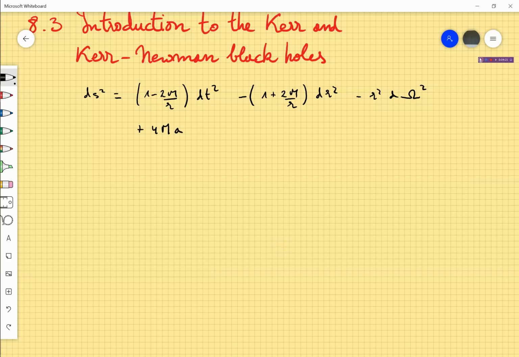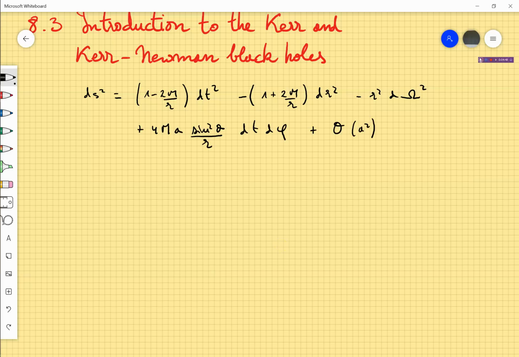Now I will explain what this parameter a is. Sine squared theta divided by r dt d phi. And this is an expansion for small values of m. I mean, this is a weak field expansion, so you can consider it is for large values of r, small values of m, and also for small values of a.